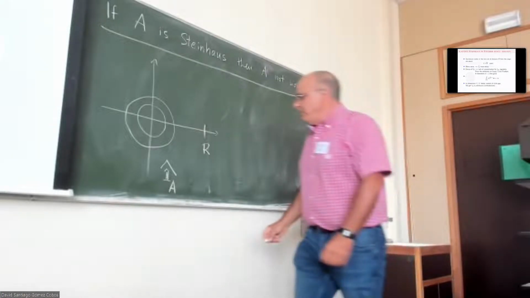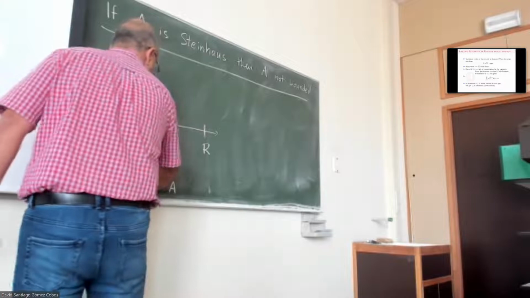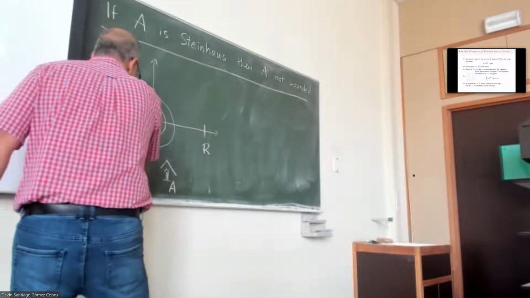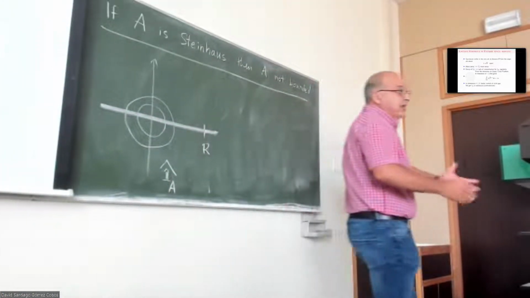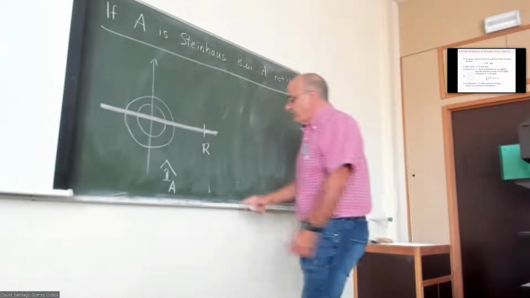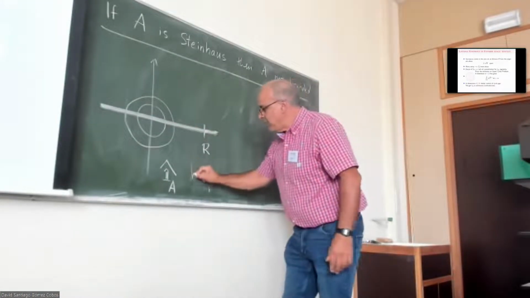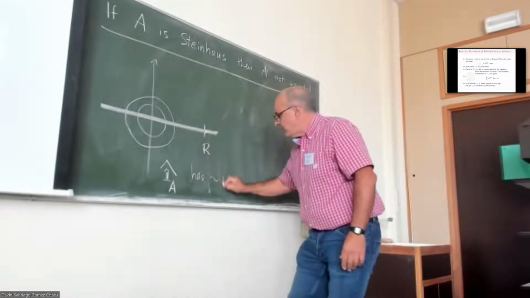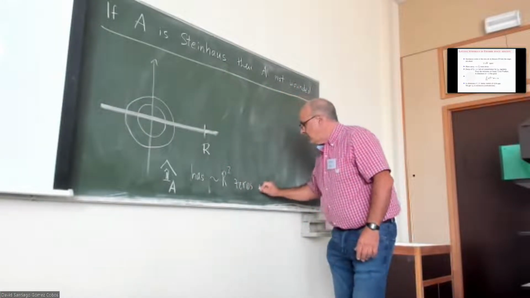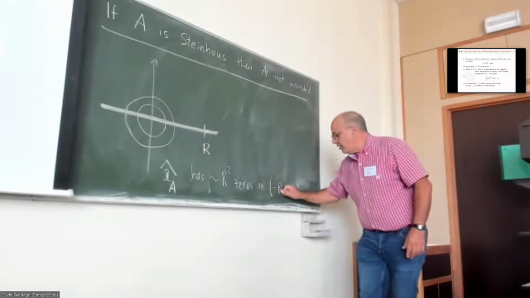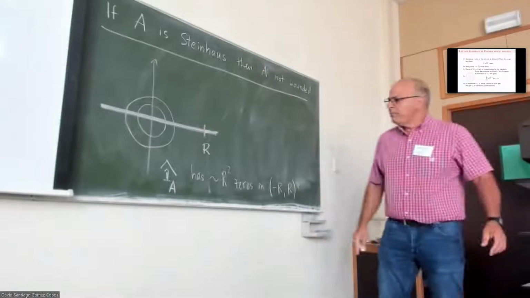Now let me read this function only on the x-axis. Let me just view it as a one-dimensional function. It still has all those zeros. So this function, restricted to the real line, has about R squared zeros in this interval, let's say from minus R to R. But what is this function?